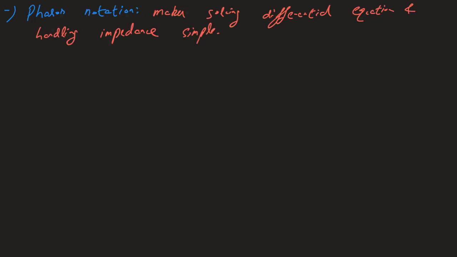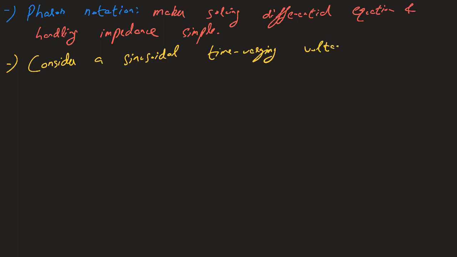So the idea is the following. Consider a sinusoidal time varying voltage wave. It's a traveling wave.